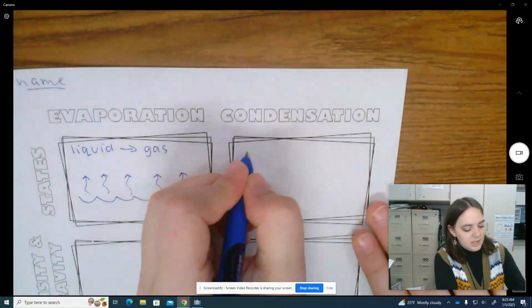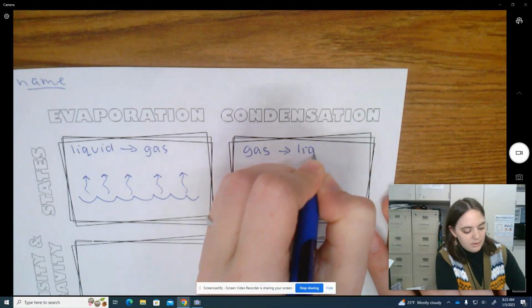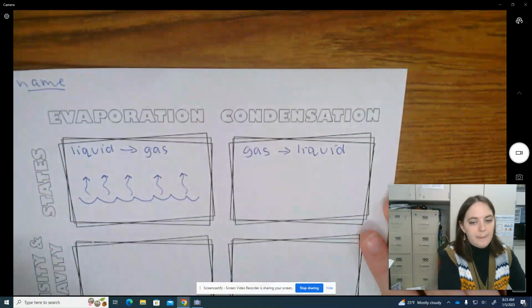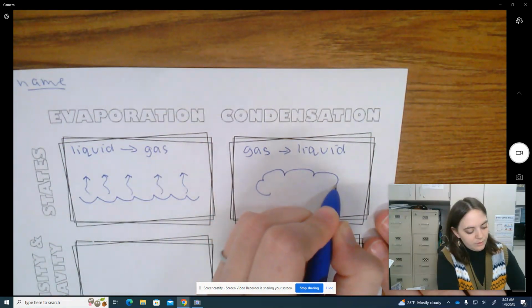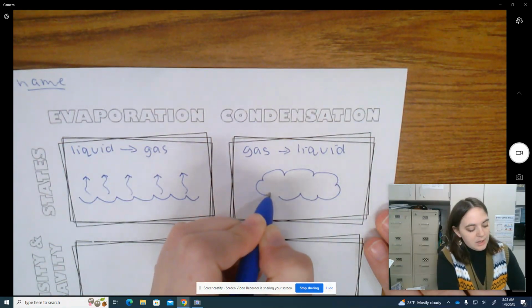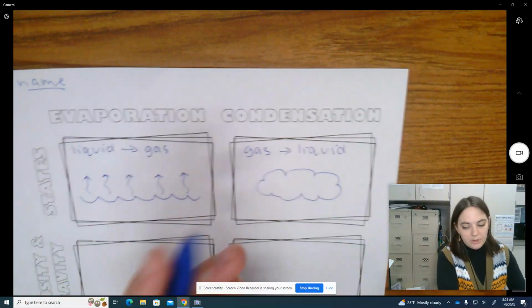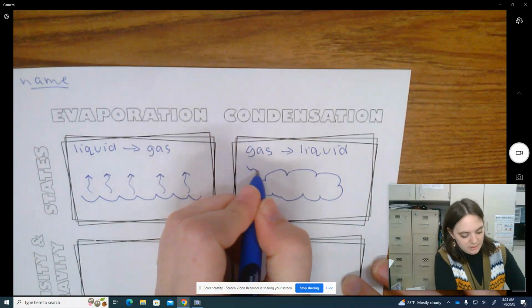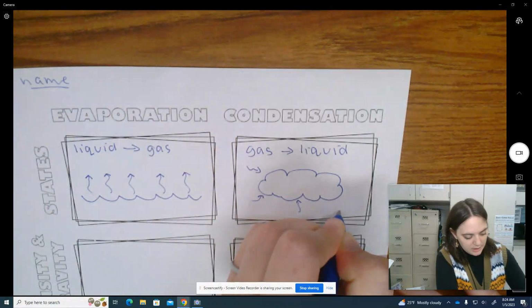So condensation is gas to liquid. This is what's happening before it rains. So the water particles are in the air and they get closer and closer together, like this.